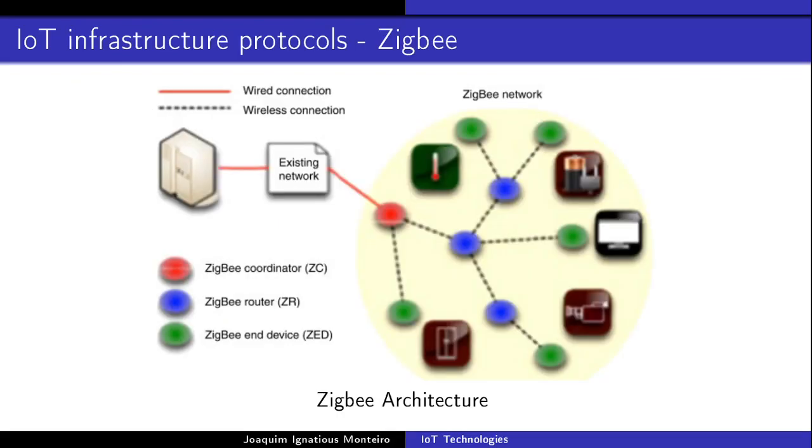That is really going to allow Zigbee use in the Internet of Things domain. Other than that, Zigbee has a lot of potential in terms of data.